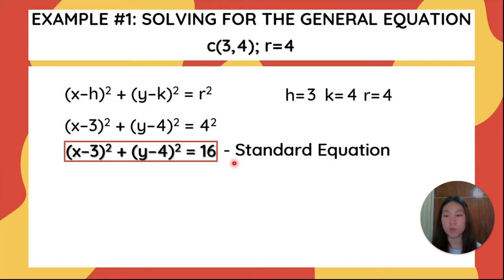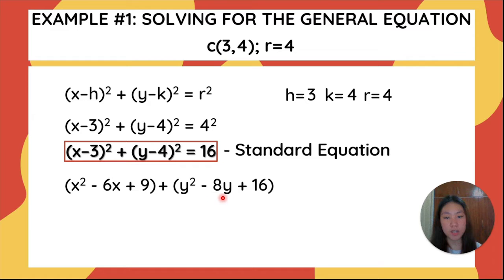After that, we need to expand these binomials. So we have x squared minus 6x plus 9 plus y squared minus 8y plus 16 is equal to 16. Lastly, we need to move all of these to the left-hand side and combine and arrange like terms.